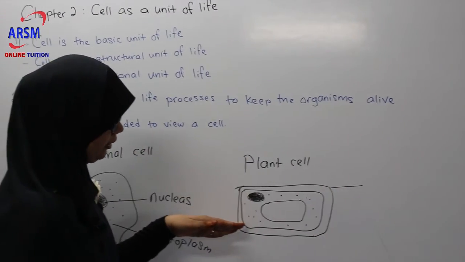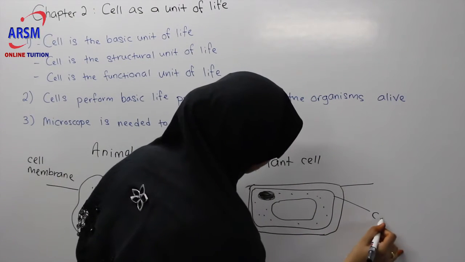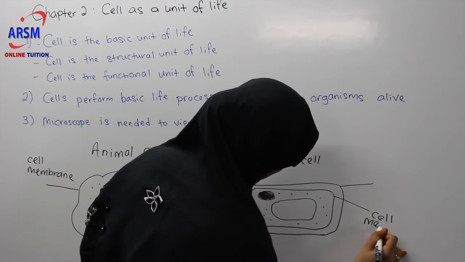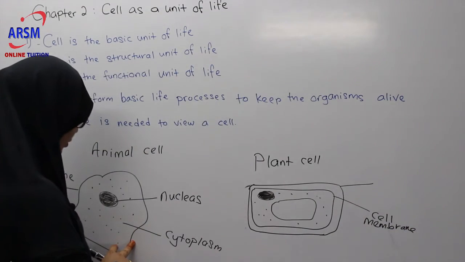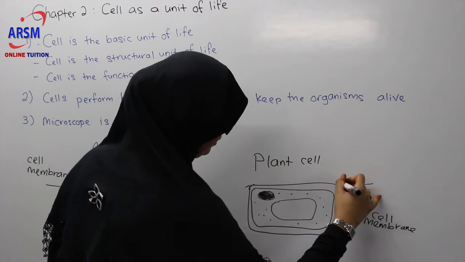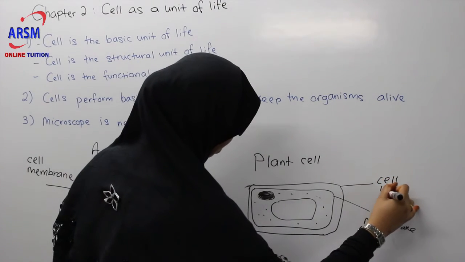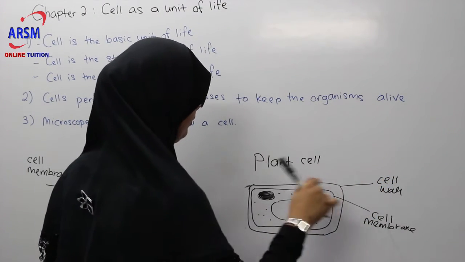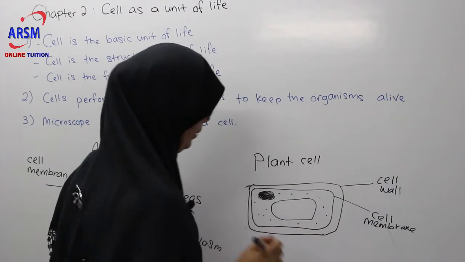Basically this is the cell membrane. The animal cell also has a cell membrane, and the plant cell has one too, but beyond that cell membrane we have the cell wall, which gives a rigid shape, I mean a fixed shape, for the plant cell.